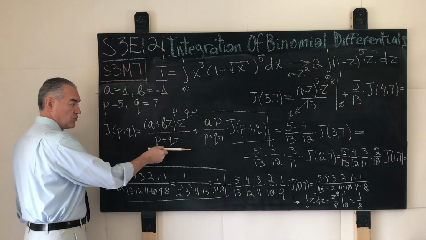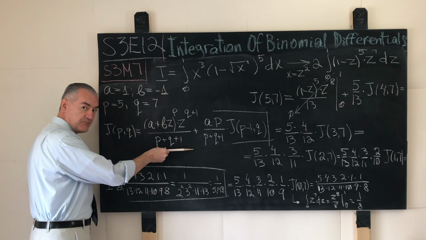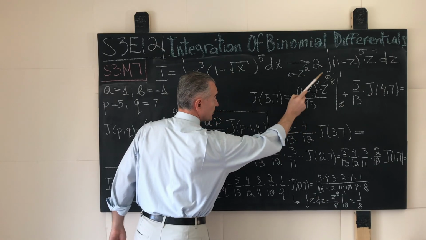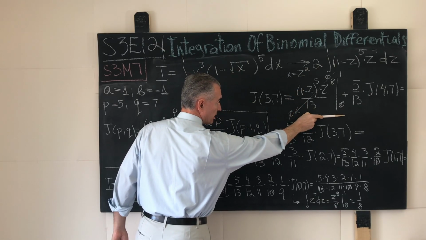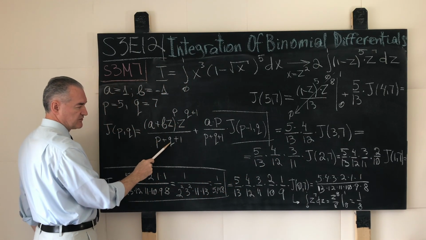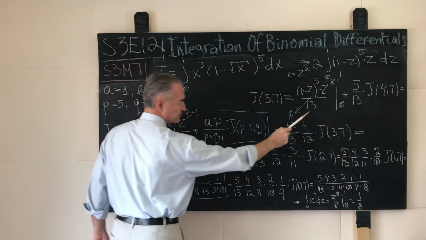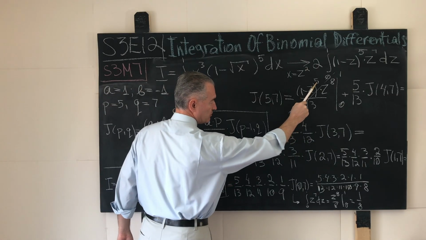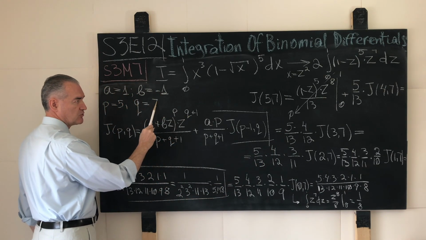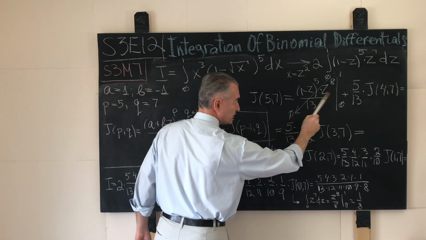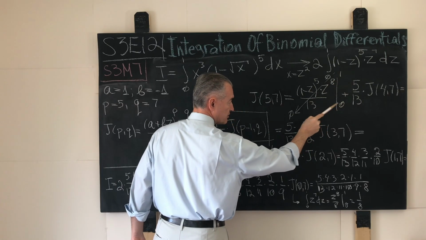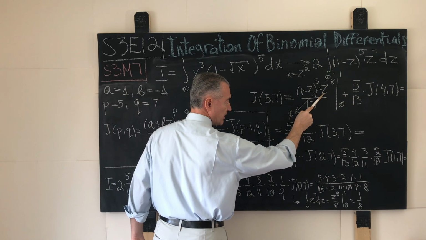As such, we instantiate this bit of recurrence relation into here, first forgetting about the 2, just dealing with it directly. And we have what? Well, in this case, 5 plus 7 is 12, 12 plus 1 is 13. This is our 13. (1 minus z) raised to the 5th power. Here, z is raised to the power q plus 1. 7 plus 1 is 8. But now look at this. Over the boundary 0 to 1, at the lower boundary, this free-floating term disappears because of the factor z.